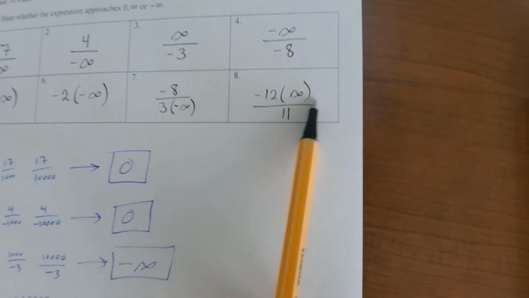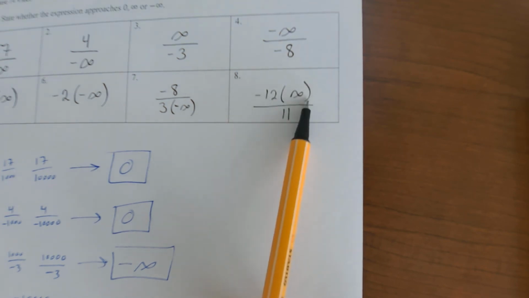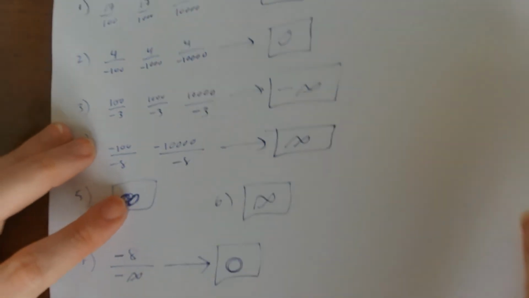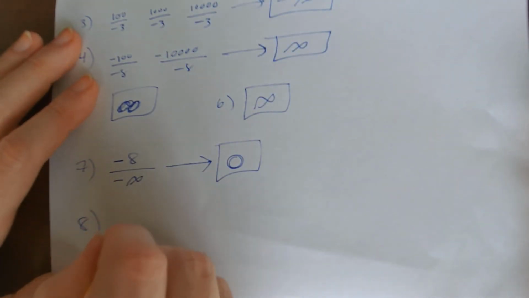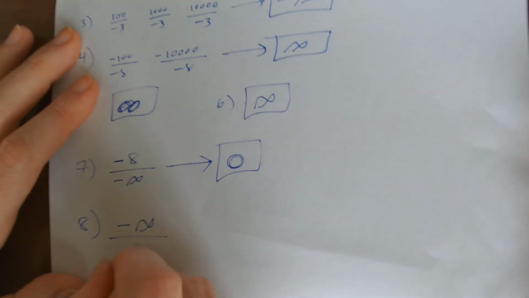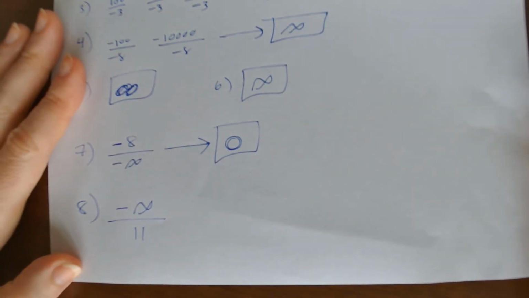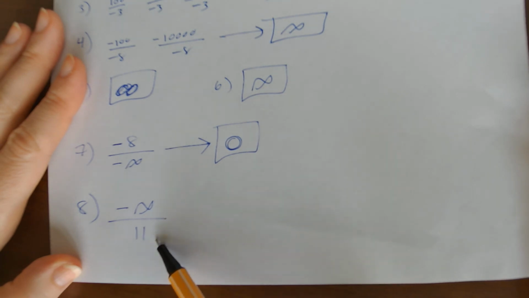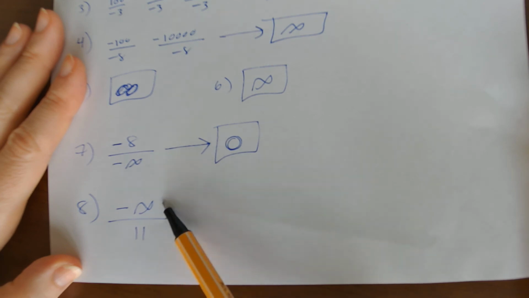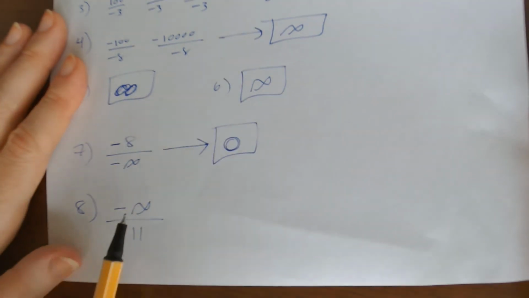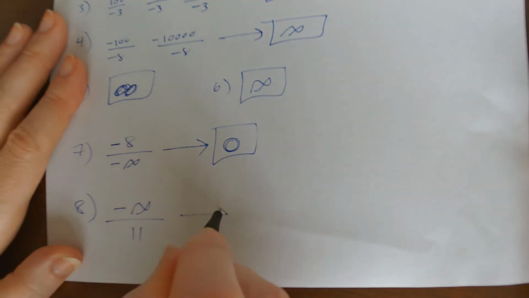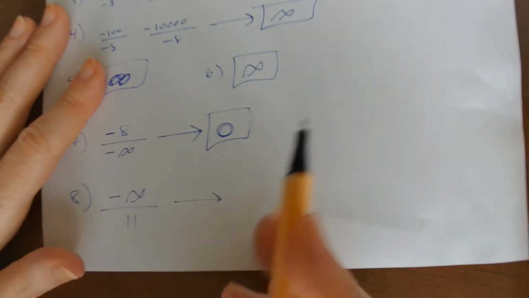So it's negative infinity on the top and 11 in the bottom. Now think like negative 100 over positive 11, negative 1,000 over positive 11, negative 1,000,000 over positive 11. Since it's the numerator that's getting huge, the entire fraction gets huge. And a negative over a positive is a negative.